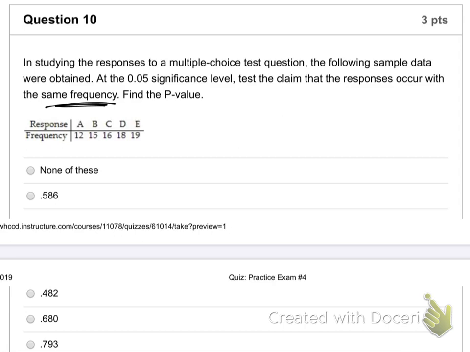Test the claim. That's always the most important word. Test the claim that the responses occur with the same frequency. Same frequency. What does that mean, same frequency?